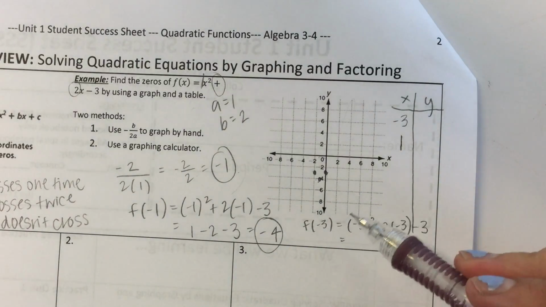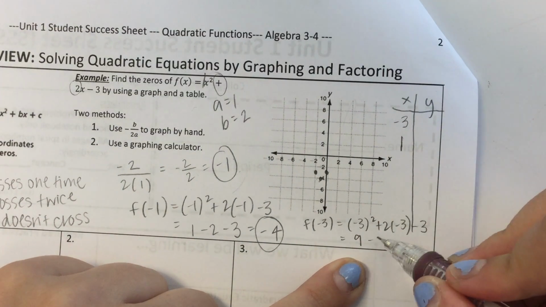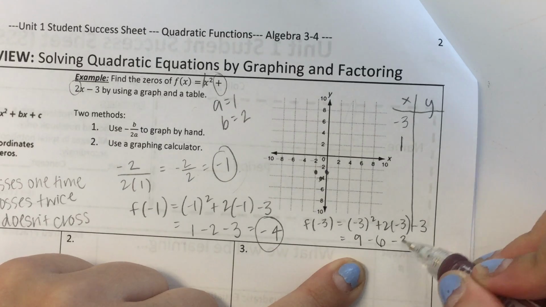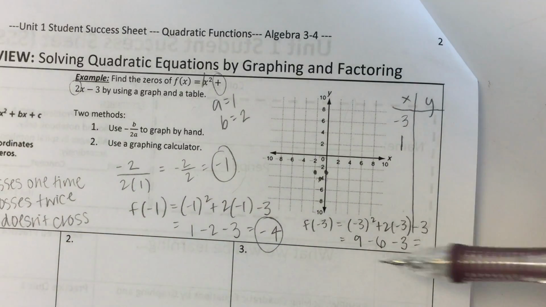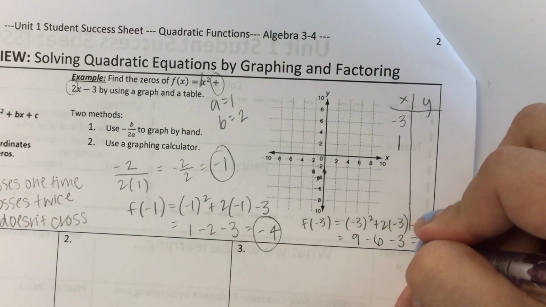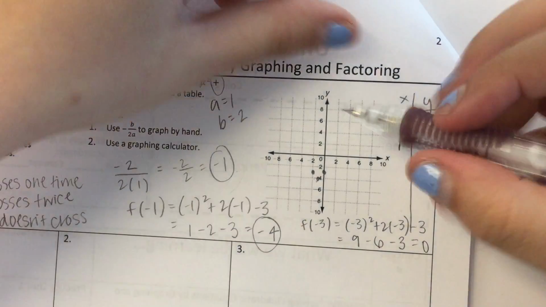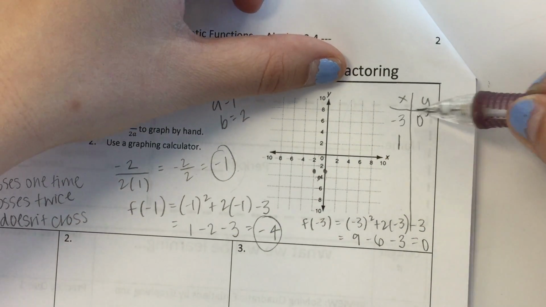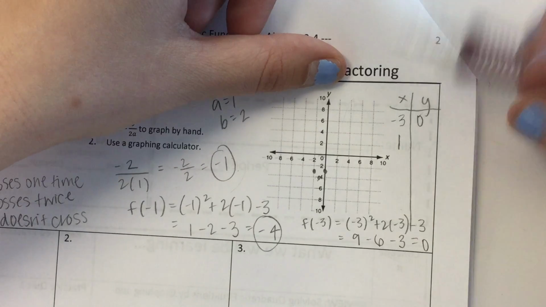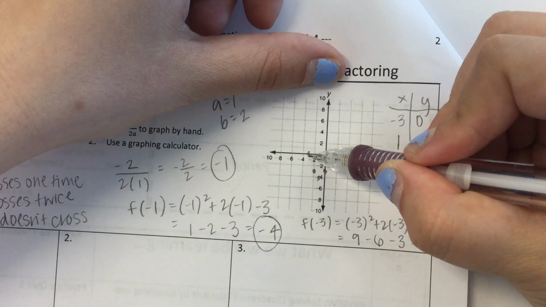Negative 3 squared is positive 9. 2 times negative 3 is negative 6, minus 3. 9 minus 6 is 3, and 3 minus 3 is 0. That's what we want. We want our y value to be 0, because that is where the x-axis is, wherever y equals 0. So let's plot this point, negative 3, 0.